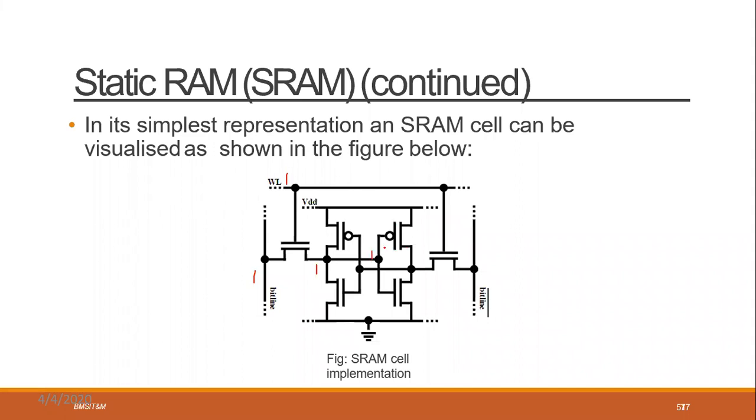This PMOS transistor will be off when you have 1 at its gate, right? And this NMOS transistor will be turned on when you give 1 to its gate. So this is off and this is on.